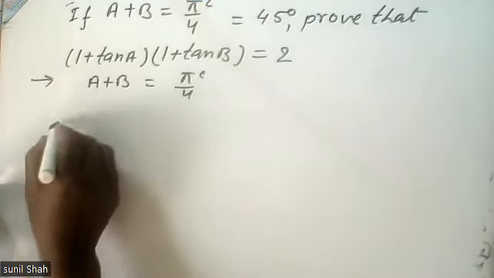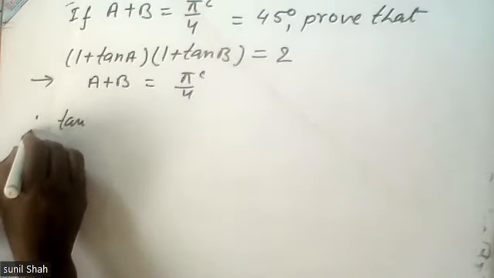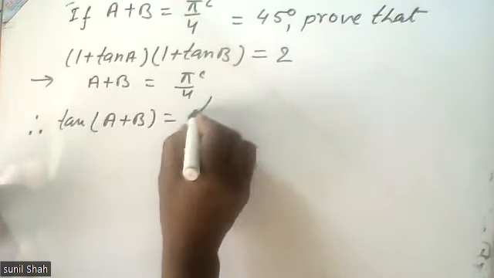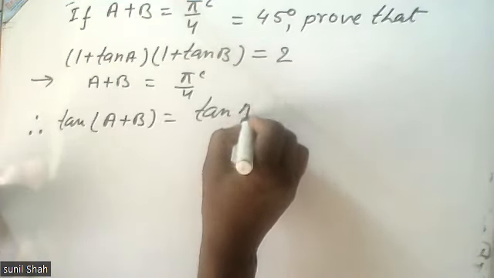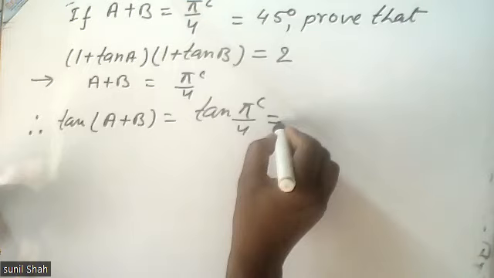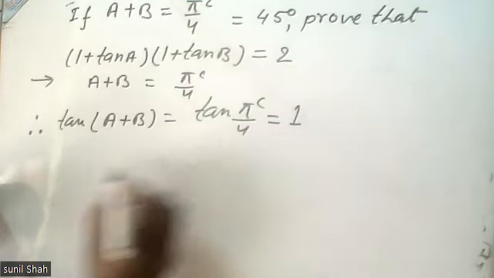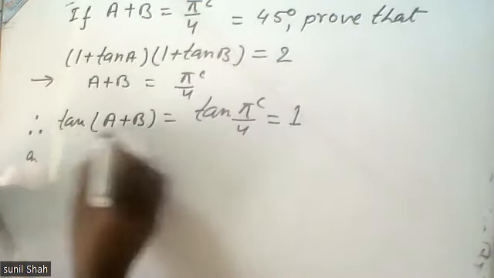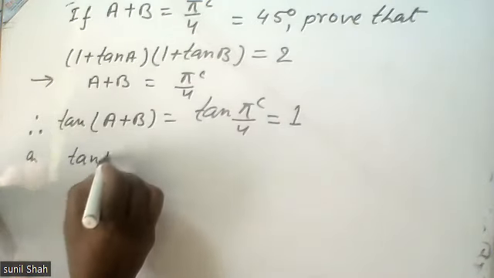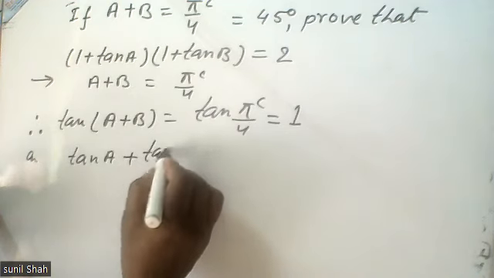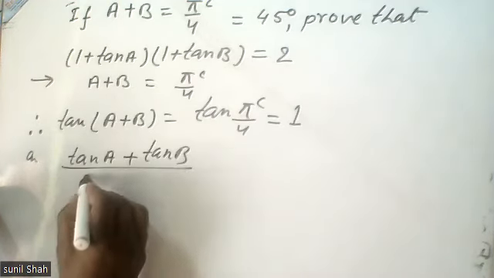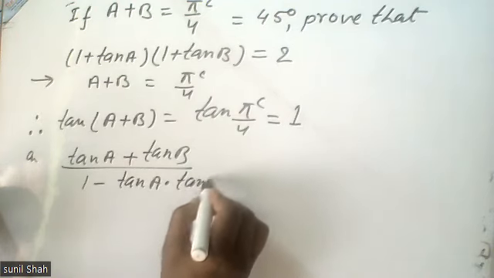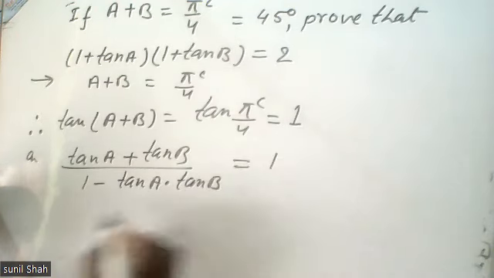Now taking tan to both sides, therefore tan A plus B is tan 45 degree. What is tan 45? 1. Now replace the formula for tan A plus B: tan A plus tan B over 1 minus tan A into tan B, which is equal to 1.